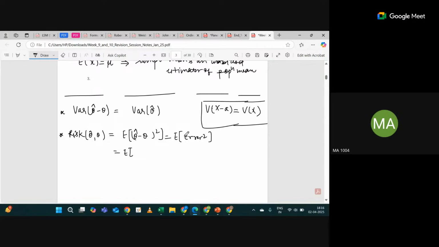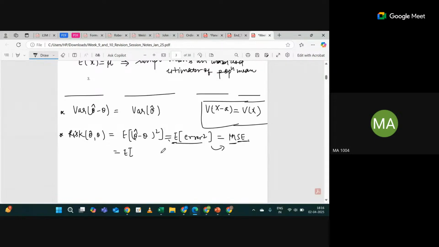Mean squared error. Sometimes this risk is also written as MSE, mean squared error. You can see how the name has been defined: square mean, the expected value of the square of the error. This is the nomenclature.